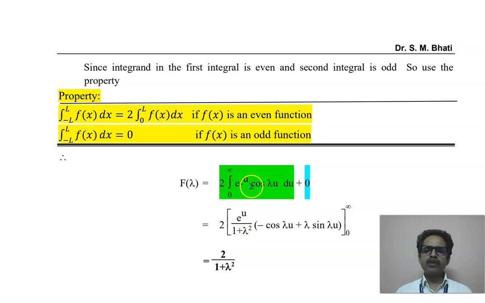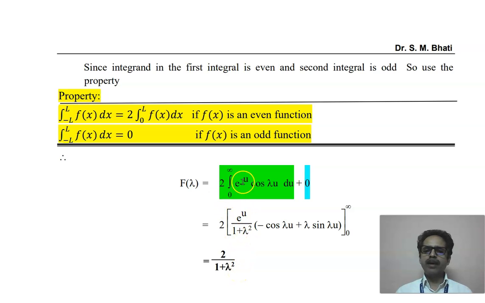Now we have to make use of a standard formula. Using the formula, e raised to minus u upon 1 plus lambda square in the bracket minus cos lambda u plus lambda sin lambda u with limits of u from 0 to infinity, in the next step we get the answer, that is 2 upon 1 plus lambda square.